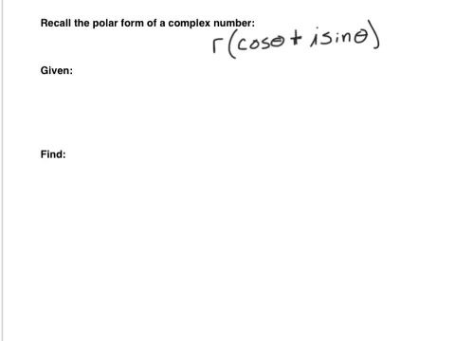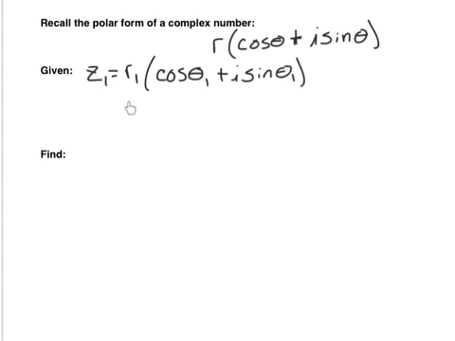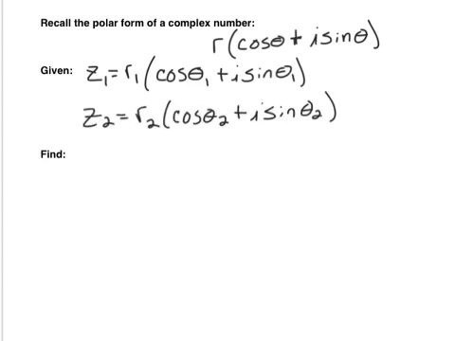So we'll start off with two complex numbers, and we're going to do the generic case. Our first complex number is represented by z1, and that's r1 times cosine of theta 1 plus i sine of theta 1. And then z2 is r2 times cosine of theta 2 plus i sine of theta 2.